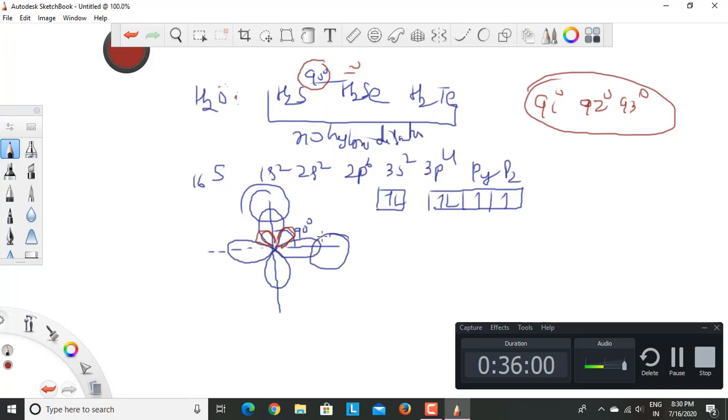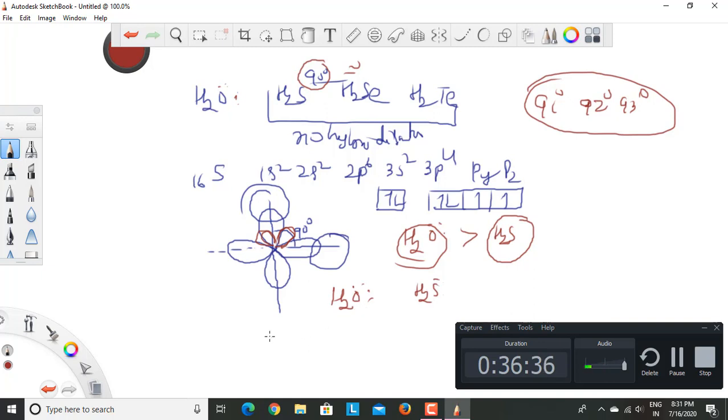If you see the basic strength and the acidic strength of water and H2S, water is a stronger base than H2S. Coordinate complex is possible from water, but not from H2S, because water, being a stronger base than H2S, can act as a donor and form coordinate complexes.